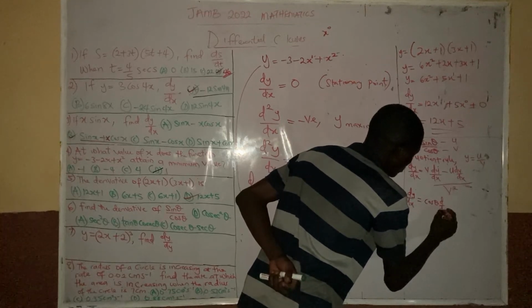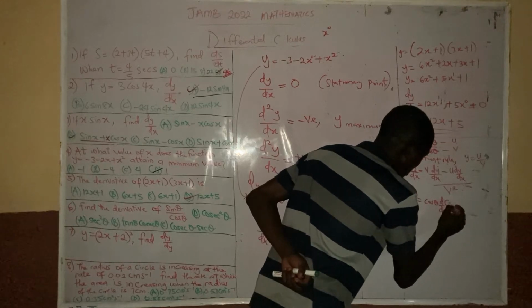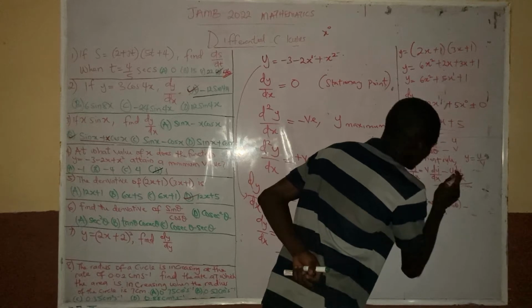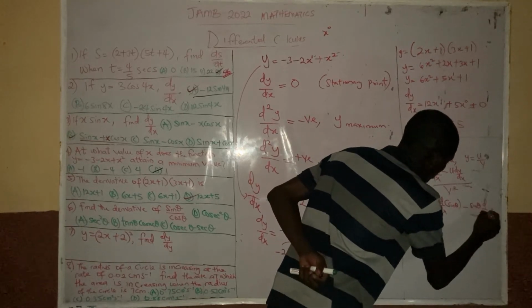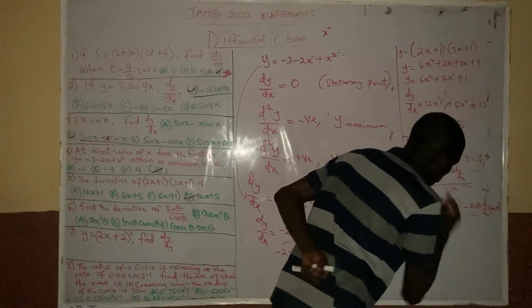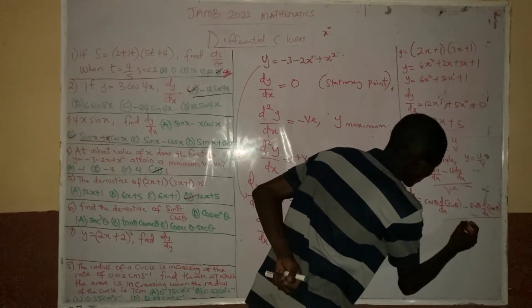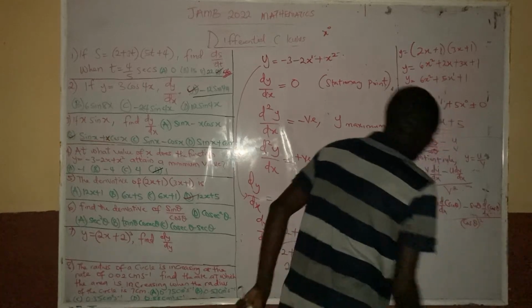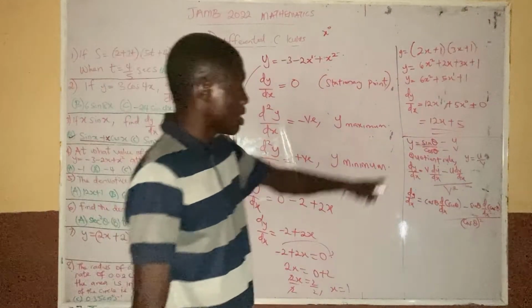So dy/dx is v, cos theta, times the differential of u, minus u, sine theta, times the differential of v, which is cos theta, all over v squared, cos theta all squared.